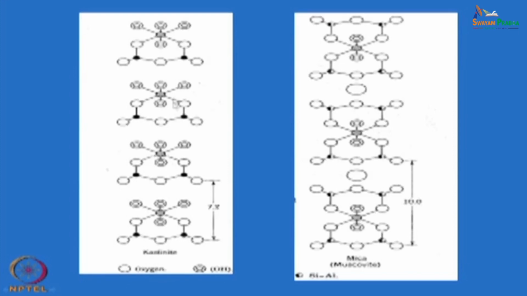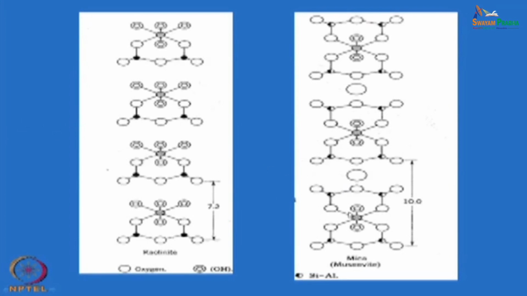One is the kaolinite structure and there is the mica structure, and there are many varieties. There are a huge number of silicates available, and most of them are naturally occurring. One can of course synthesize them to some extent, but they are very difficult to synthesize. So, most of them are naturally occurring silicate structures.